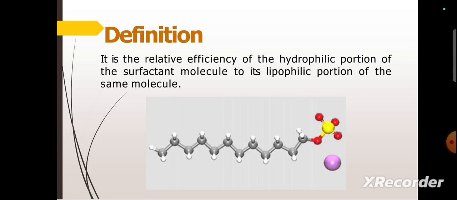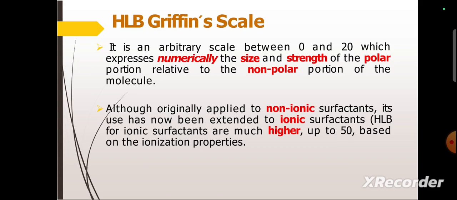It is the relative efficacy of the hydrophilic quotient of the surfactant molecule to its lipophilic quotient of the same molecule. HLB Griffin scale. Basically, HLB value is given by a scale of 0 to 18, given by Griffin, and also known as the Griffin scale.